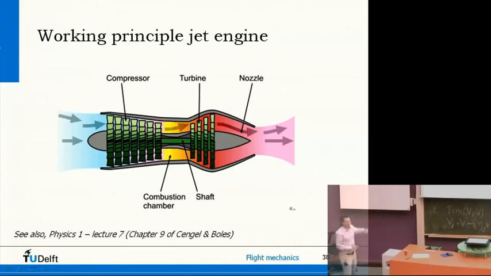This is putting energy into the air and then stopping it again, and by doing so it increases the pressure of the air. How it exactly works at this moment is not so important. What's important to realize is that after the compressor, the air pressure has increased by maybe a factor 30. So you started with atmospheric pressure, then had a little pressure increase because the air hit the engine, and then inside the compressor the pressure increases a lot.